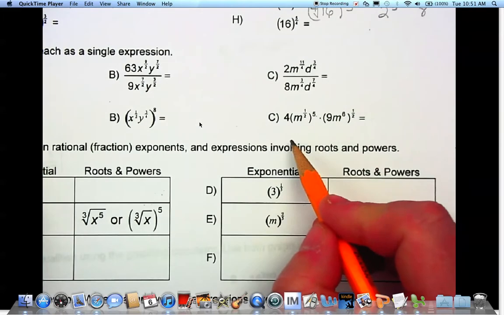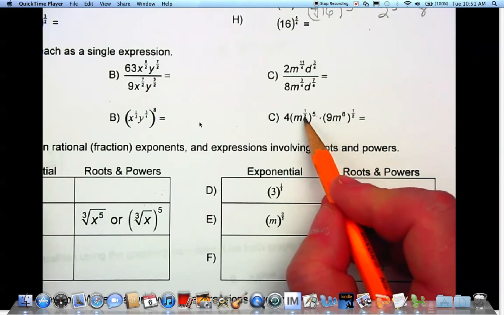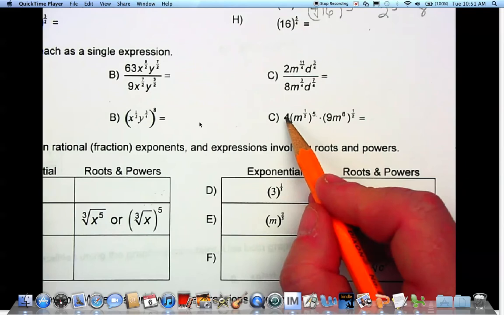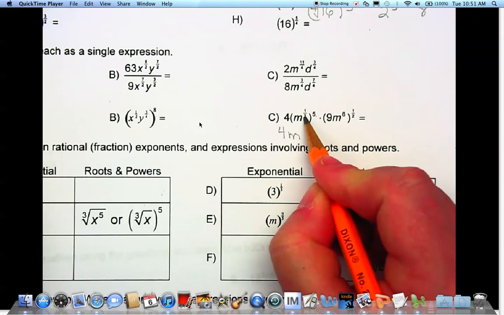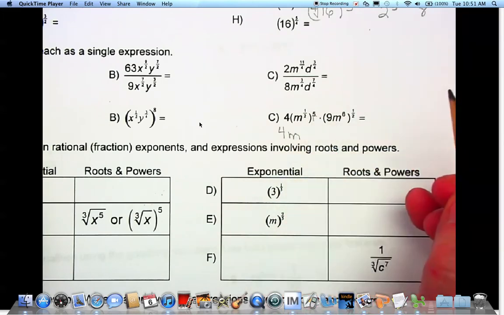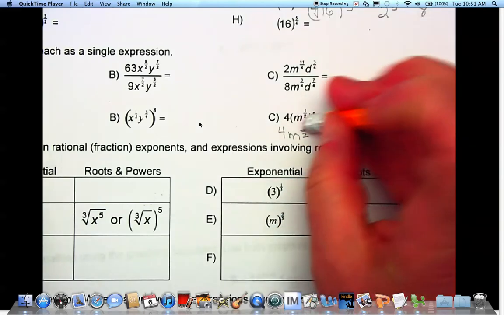All right, so let's do C on number 4. 4C. Okay, so what are we going to do with this little 5 out here? Okay, we'll multiply the 5 to the 1/2. Do we bring the 5 to the 4? No. Why not? Because it's not in the parentheses. Okay, so we're going to have 4m, and then 1/2 times 5, if you put a 1 underneath the 5, you get 5 halves. Well, we're not done.